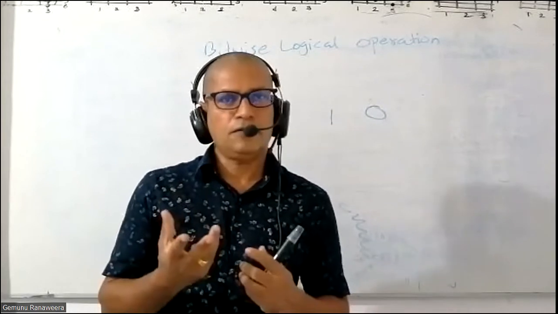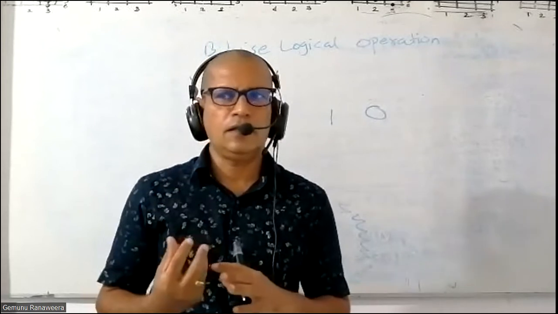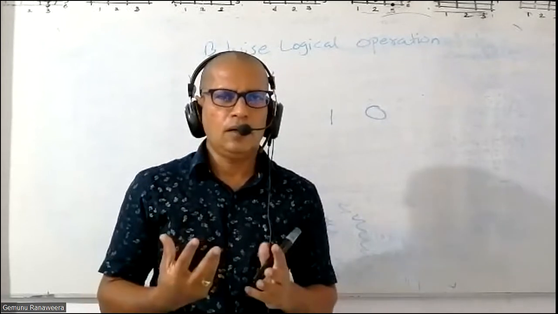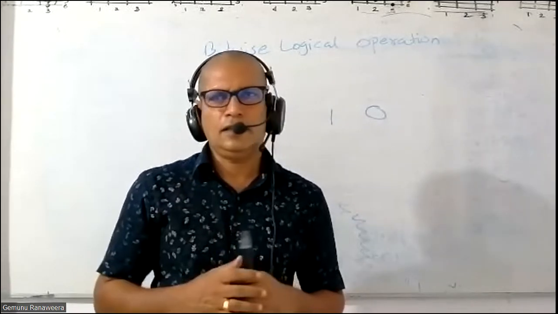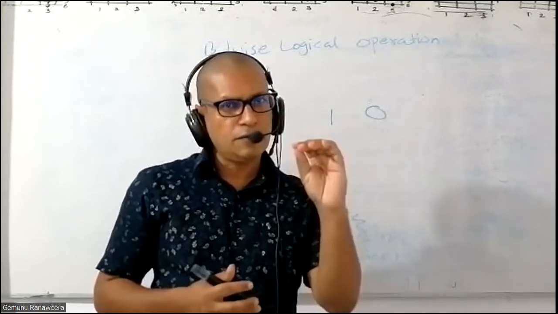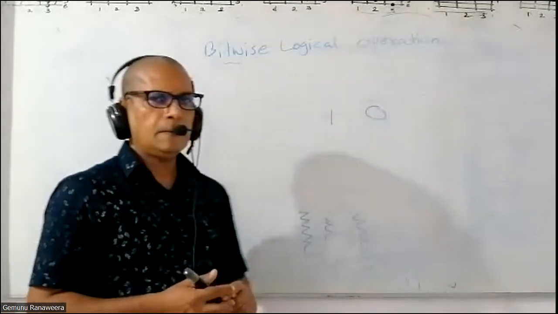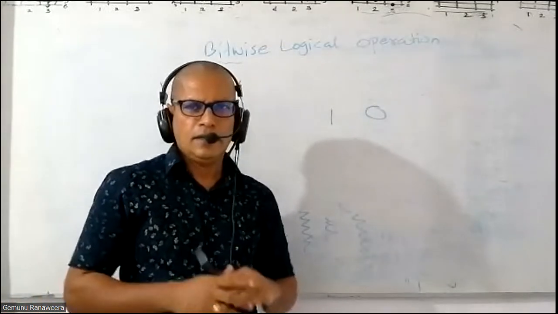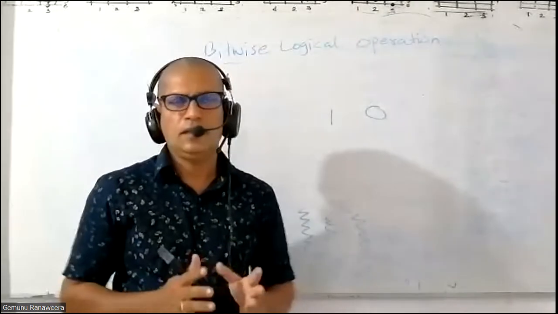The presence of electricity and the absence of electricity. A circuit will function depending on the presence or the absence of electricity. So the presence of electricity is normally taken as binary 1 here, and the absence of electricity is taken as binary 0.